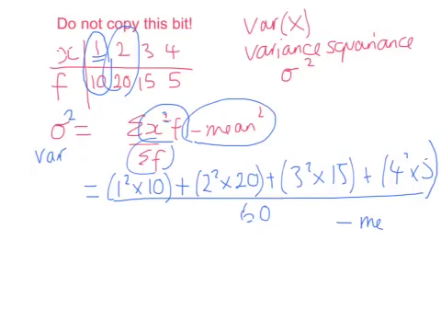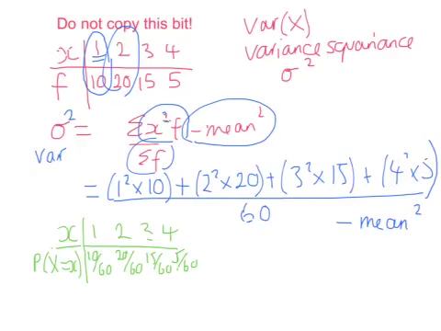and then we've got to minus the mean squared. Now, I know that the mean is actually 115 over 60, but I'm just going to leave it as minus the mean squared. Okay, so in here, let's have another little look at this. If all I have now is this discrete random variable, if I look back up at the frequency table, can you see how I work it out?